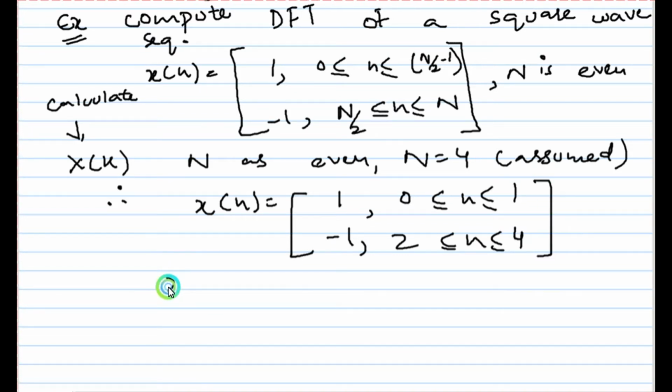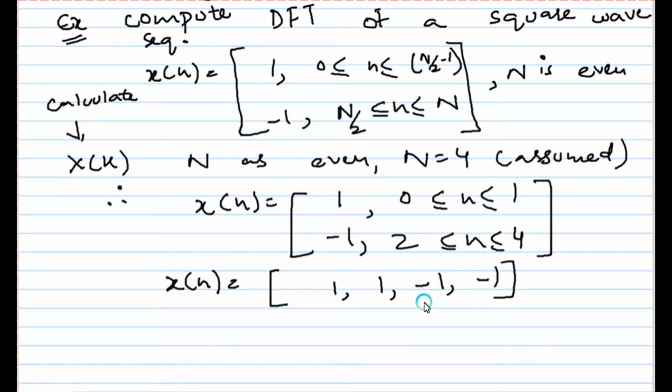So I'll take x of n, we'll take only 4 samples. So x of 0 is 1. Fine. x of 1 is also 1. x of 2 is minus 1. Also x of 3 is within these limits, so it's again minus 1. Fine. So our sequence will be x of 0 is 1, x of 1 is also 1.